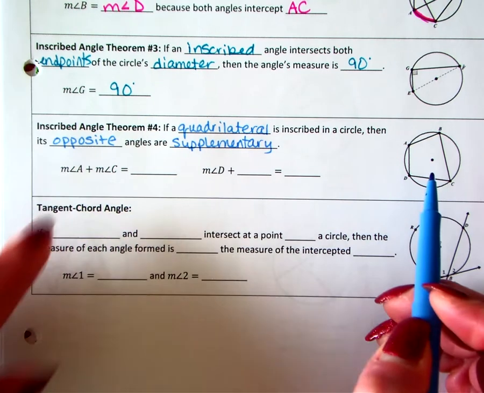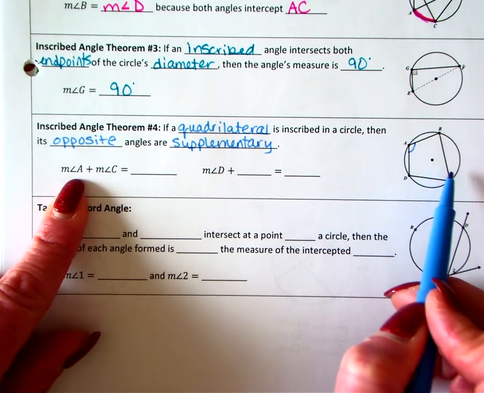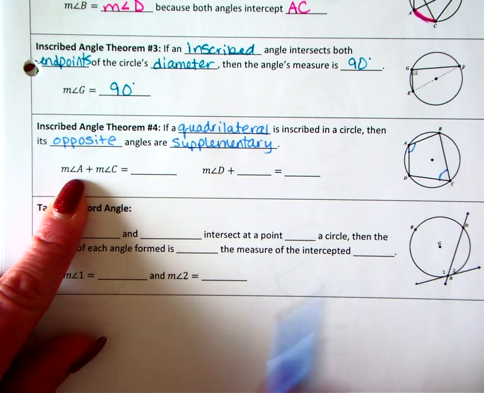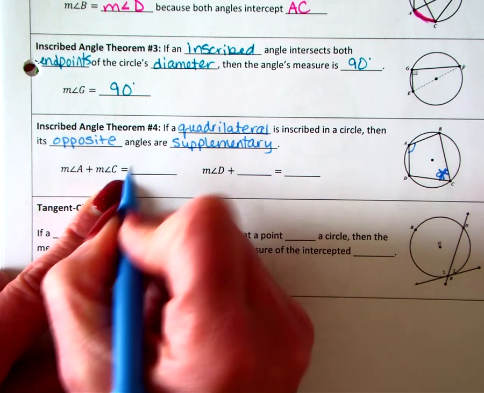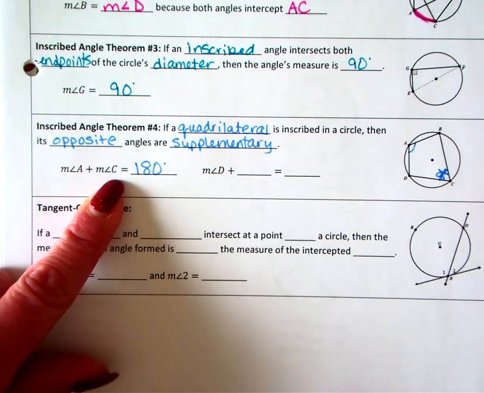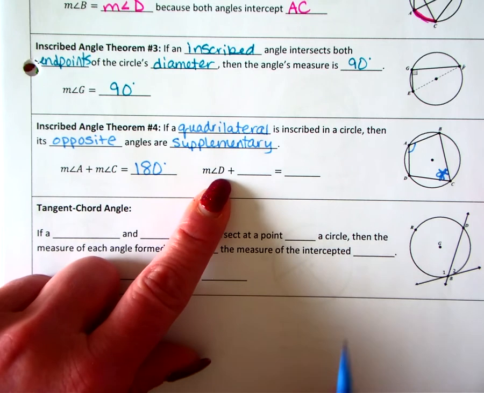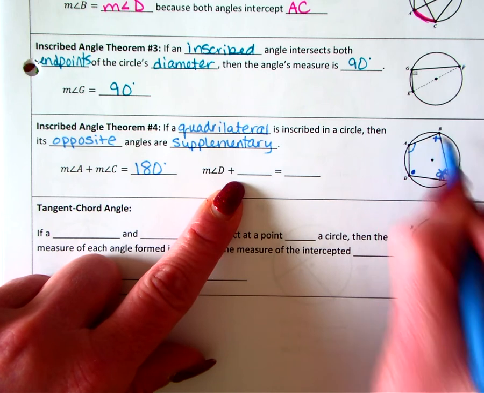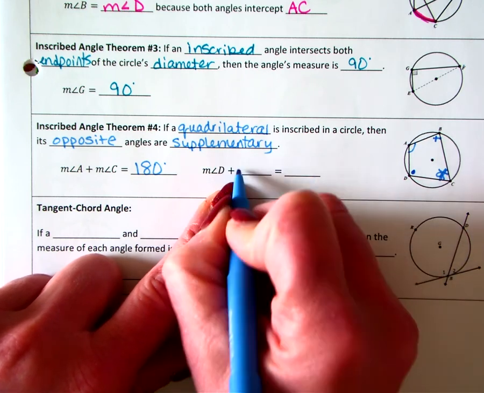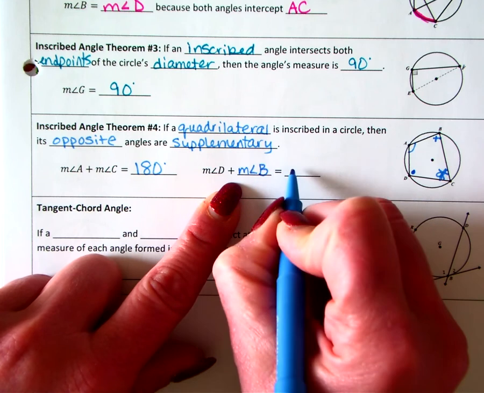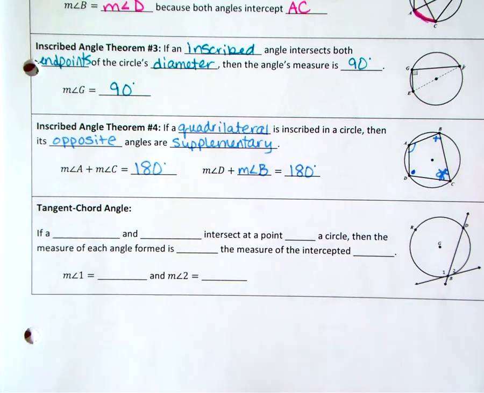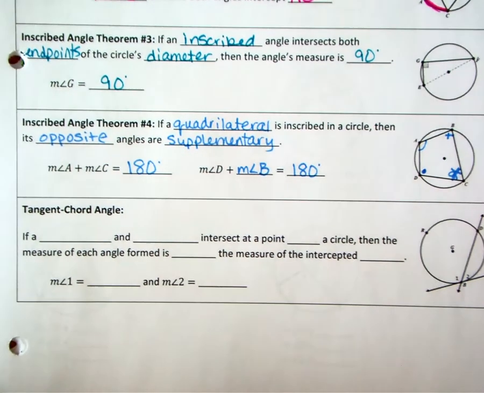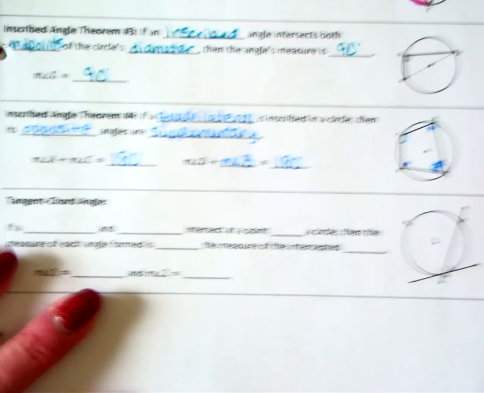Okay, so that means that the measure of angle A plus the measure of angle C, okay, I should make different marks there because they're not congruent, but together they add to be 180 degrees. Okay, so the measure of angle D plus the measure of angle B, okay, are opposite angles, so they equal 180 degrees. Supplementary means they add to be 180 degrees. Okay, and so that was 4 different theorems for inscribed angles.